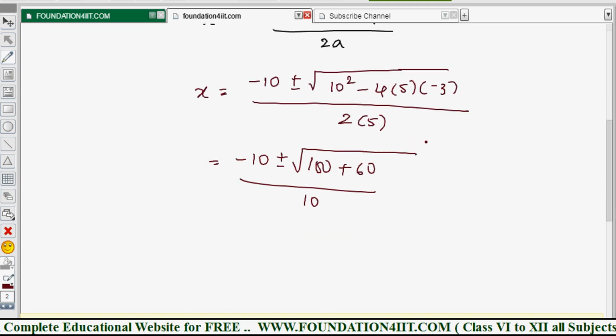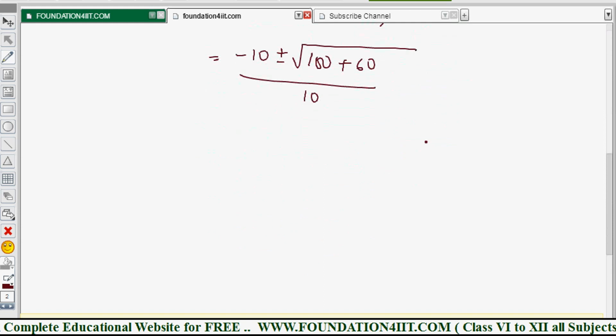Now let us simplify this first, and only then go for the long division method. When you simplify, minus 10 plus or minus root 160 divided by 10. Now 160 is 16 into 10, because 16 is a perfect square, root 16 is 4.